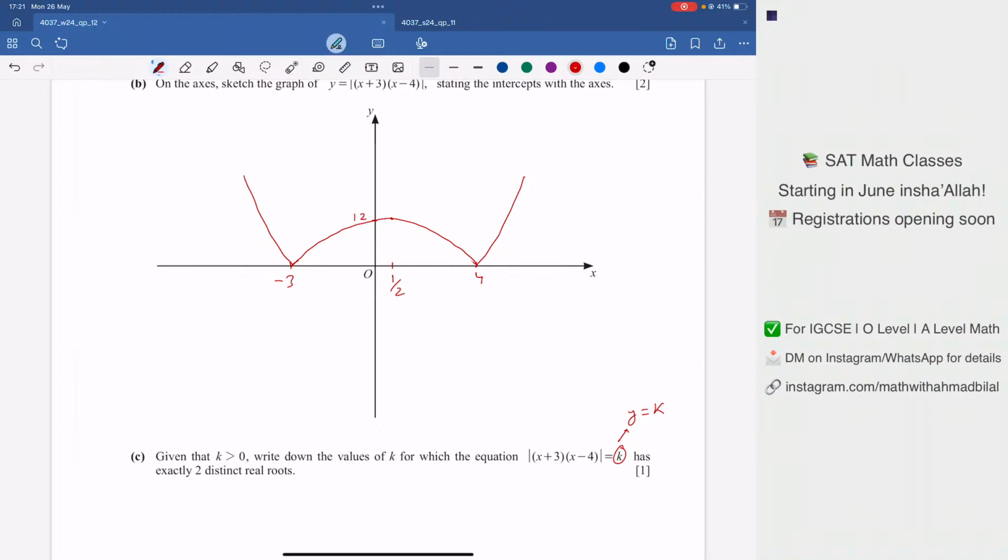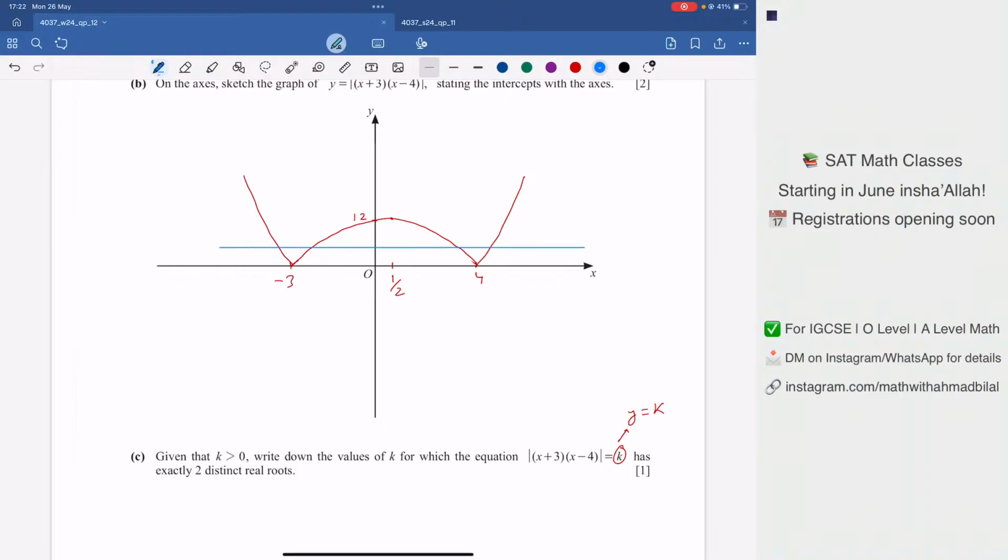Now, what horizontal line can you draw here? So you have exactly 2 distinct roots, given that k is positive. K is supposed to be positive. Now, if k is positive, we can only be above the x-axis. So I could draw a horizontal line here, for instance.